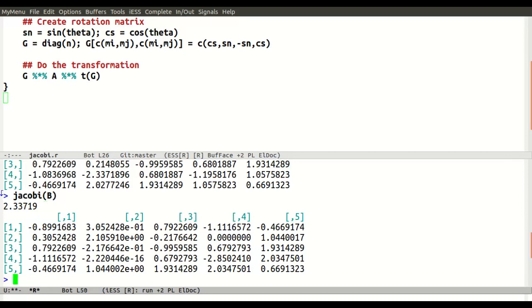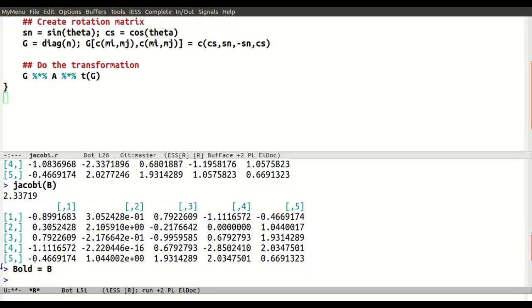So what I will do is, I will store B as old B, so that if I later need to work with it, I will be able to use it. And now I will write for i in 1 to how many steps? Suppose I do 100 steps.